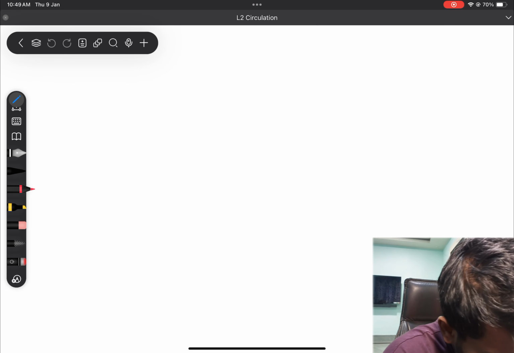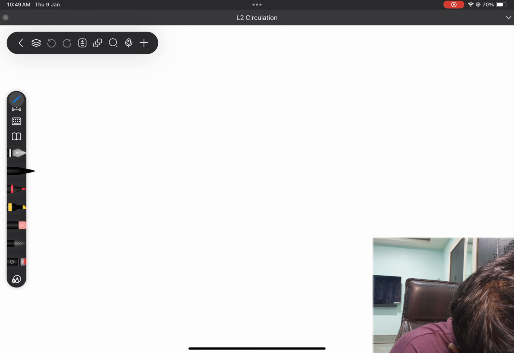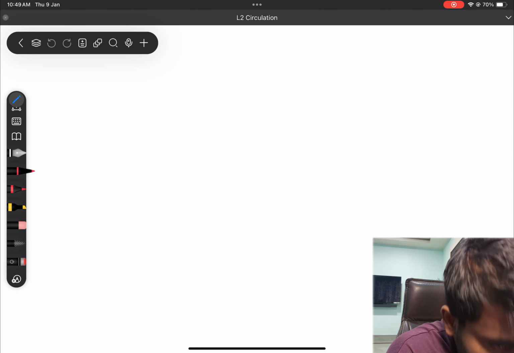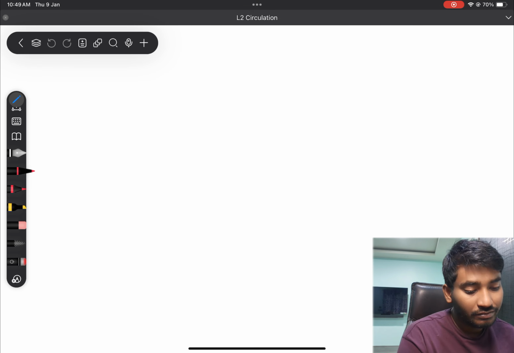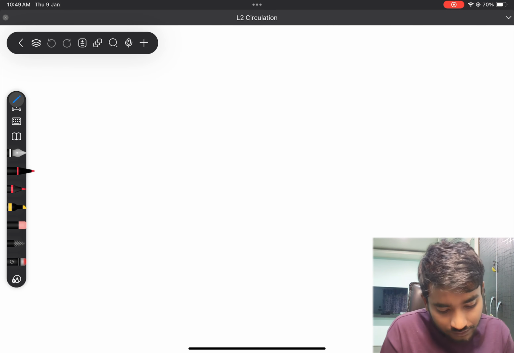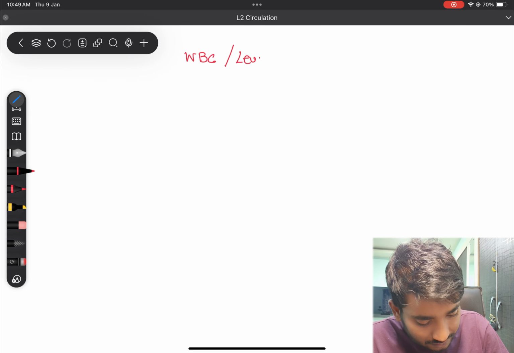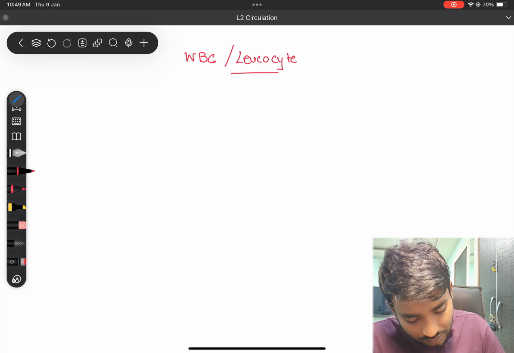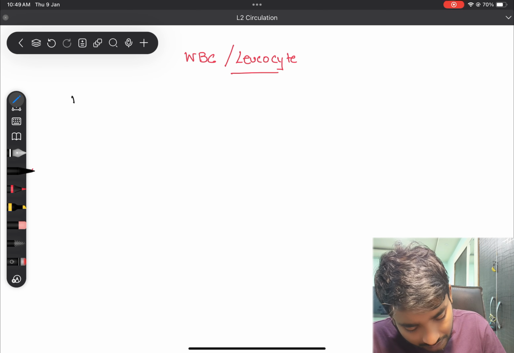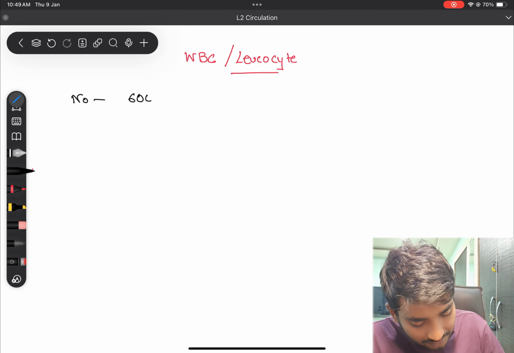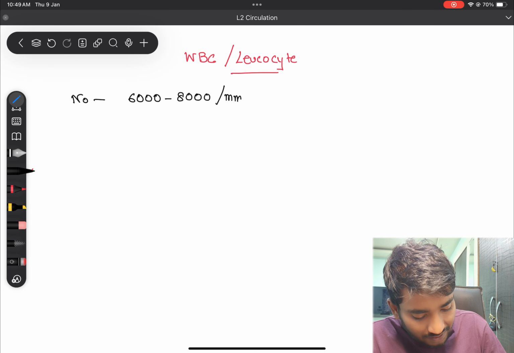So let us start with the notes. We'll start today with WBC or leukocyte. As I have said, the number is 6,000 to 8,000 per cubic millimeter of blood.